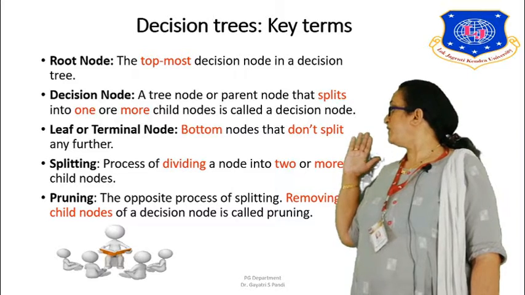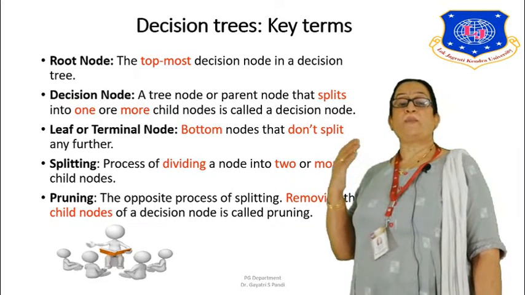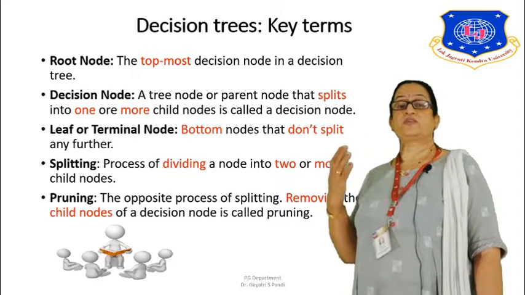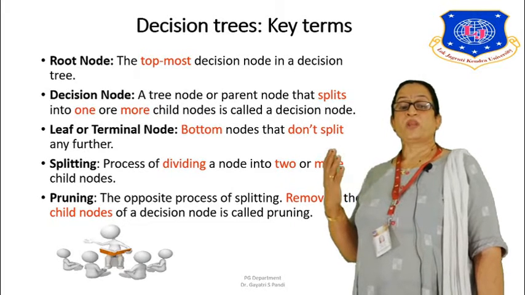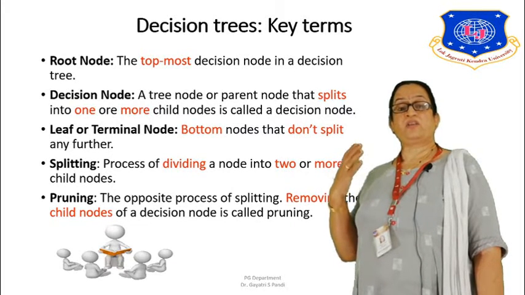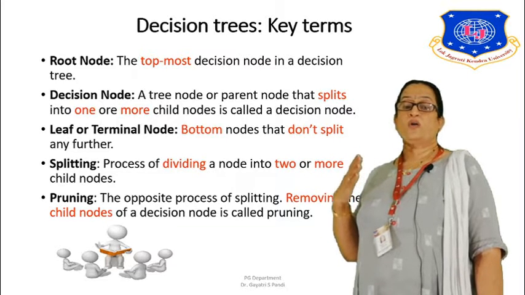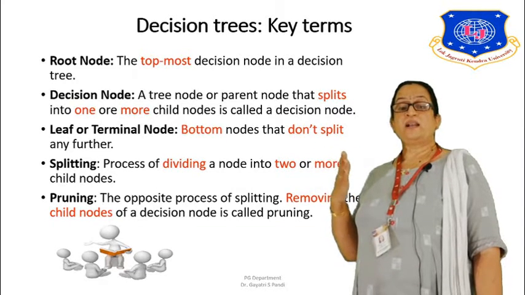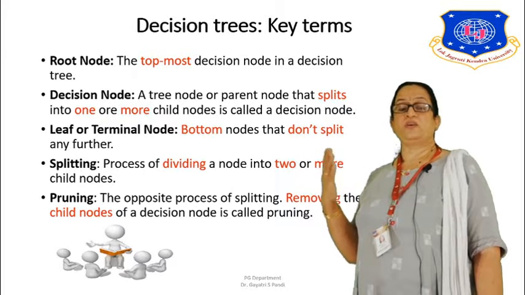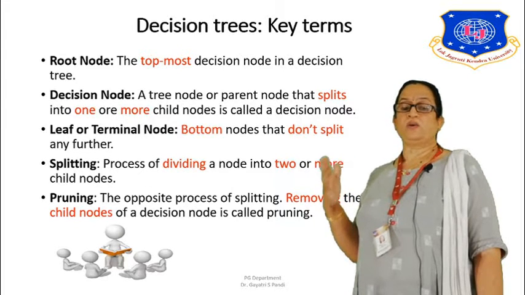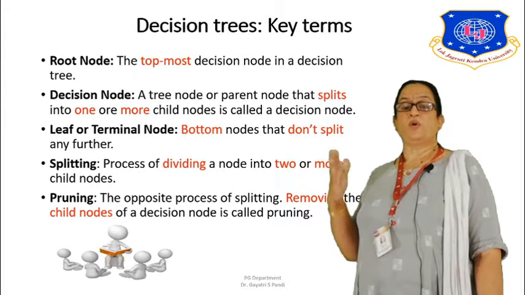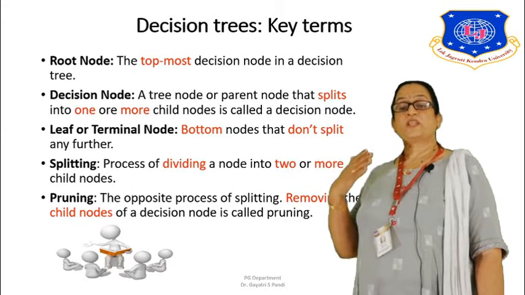So there are various key terms related to decision tree. Firstly, we have a root node, which is the topmost decision node in a decision tree. A decision node is basically a tree node or a parent node that splits into one or more child nodes. Leaf or a terminal node, this is basically a bottom node that doesn't split further, right?